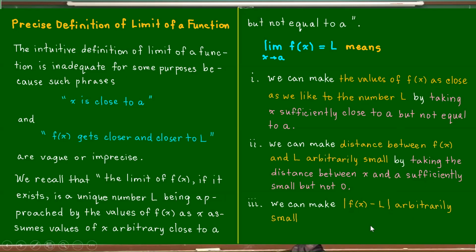It means also the absolute value of x minus a is sufficiently small, but x is not equal to a. Okay, guys? So how do we remove the words sufficiently small and make it mathematical, and also how do we make the absolute value of f of x minus L arbitrarily small, how do we remove the words arbitrarily small?